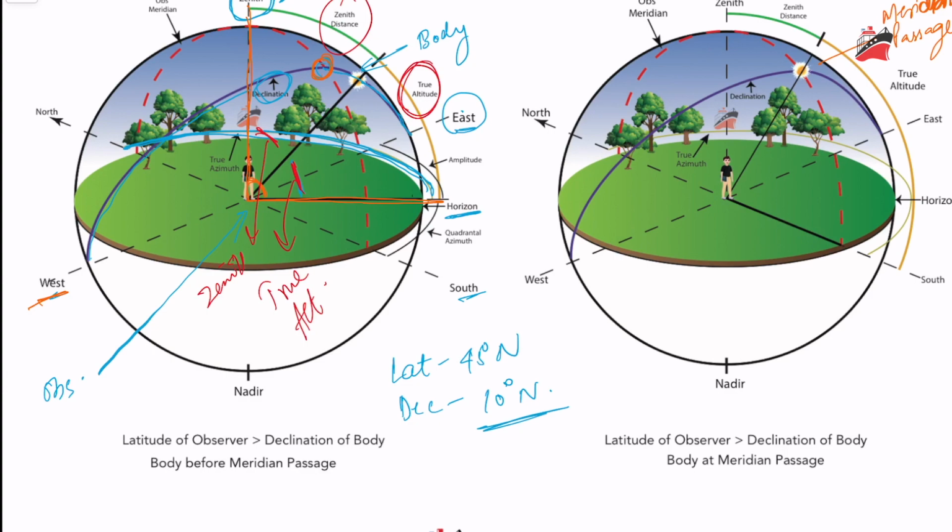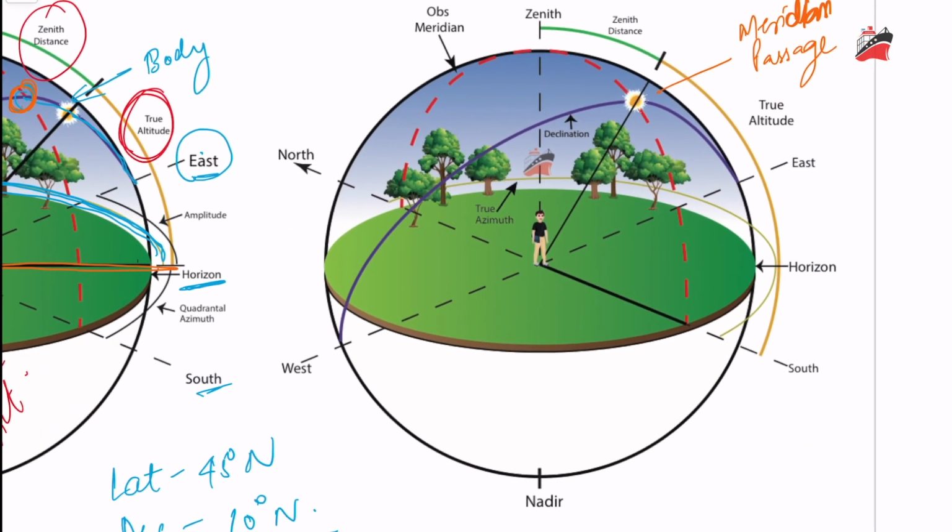Now if I draw a circle, let me show you on this diagram. If I draw a circle passing through the observer's zenith, that is this point, something like this, then going behind and again coming up, this is a great circle passing through the center of the earth and the observer's zenith and the nadir, and is called a vertical circle.